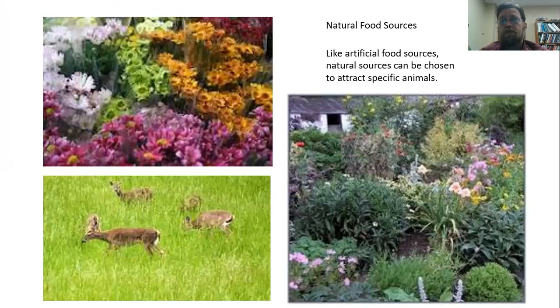And again, I would definitely recommend looking at the other presentation that's up on the YouTube channel about attracting birds and butterflies into the landscape because I go into some detail about what kinds of flowers and what kinds of things are going to be really appropriate for bringing those animals into the landscape. And we can really choose the plants that we have in order to attract the specific animals that we're looking to have in our landscape.